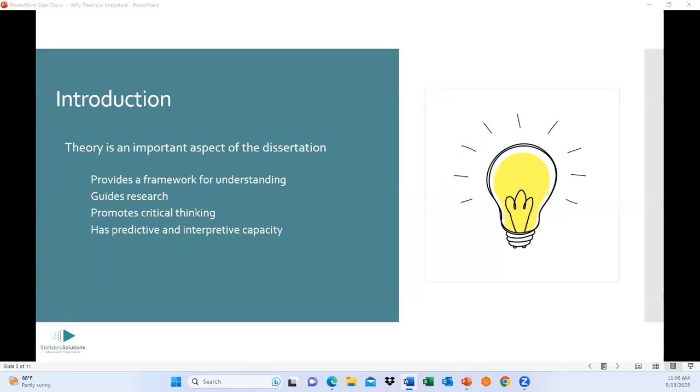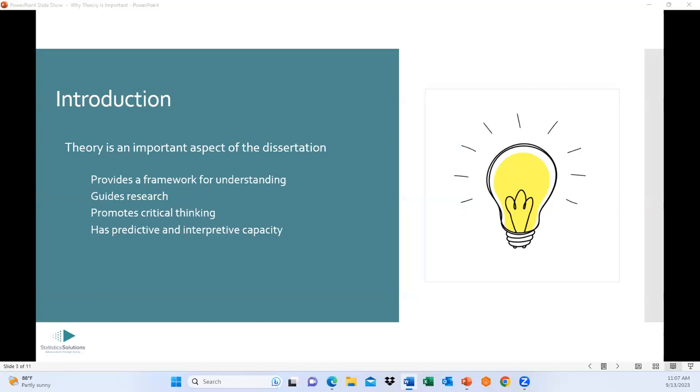When you get to chapter 5 and you have to discuss what you found, data without theory is kind of inert. It tells you things, but it can't interpret itself.